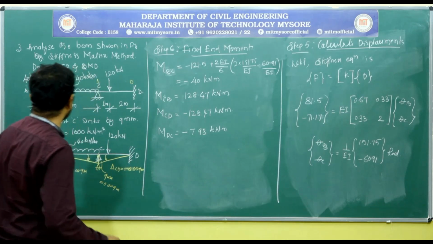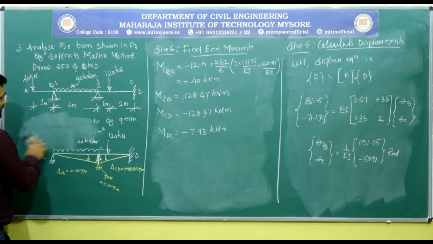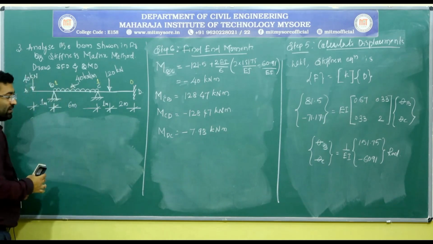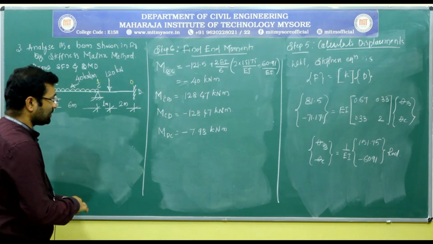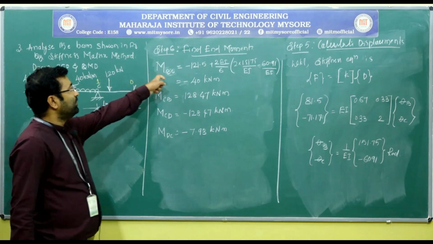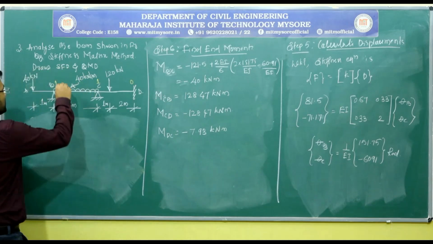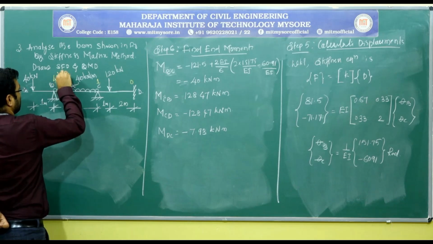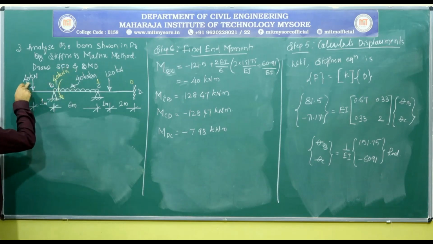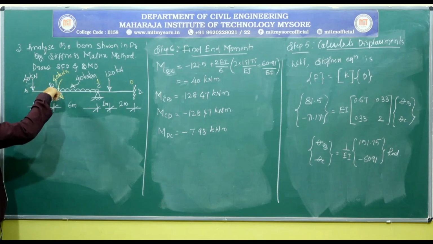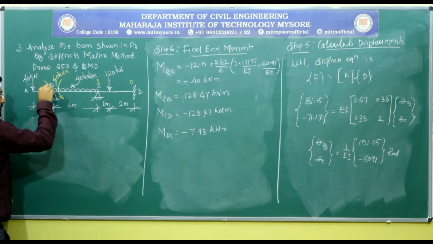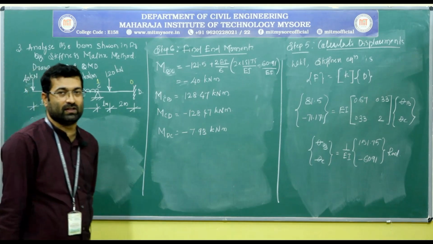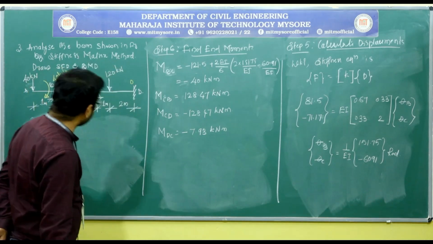So let us represent all these things in the loading diagram so that we can use this for the further calculation, right. So MBC, as per our calculation, is minus 40 kilonewton meter. You can see this creates an anti-clockwise 40 kilonewton meter, but for balancing we have to consider it as plus 40 kilonewton meter, right?